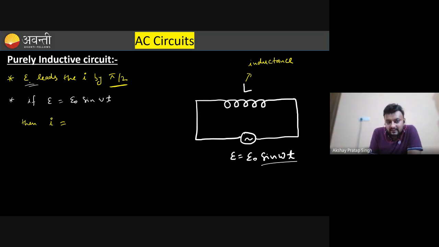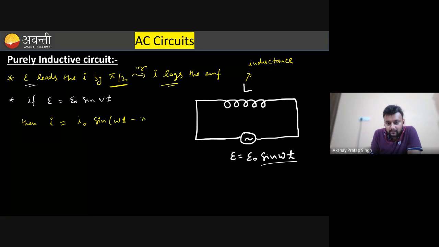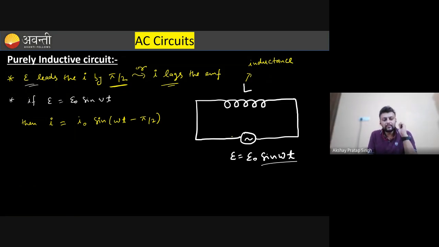So EMF is actually leading the current, but can you see that the conclusion is current lags the EMF? Both the things are same. That means I is equal to I naught sine omega t minus by what angle? Pi by 2. Pi by 2 means 90 degree. Very good. This is the equation of current.